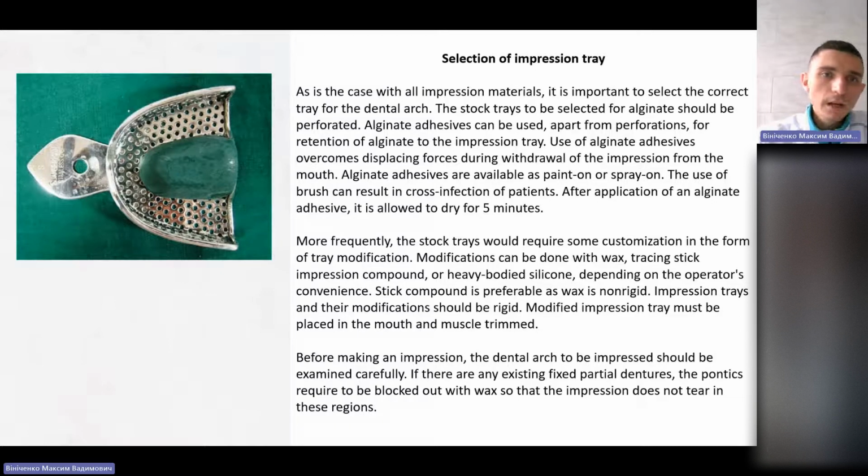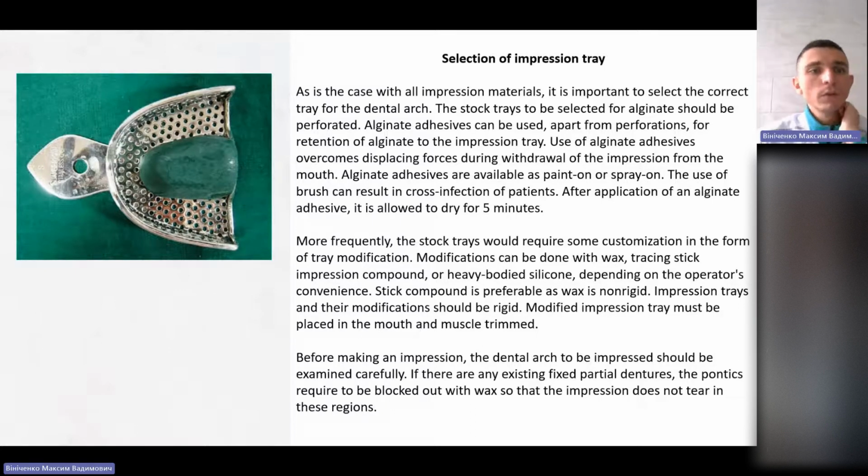Alginate adhesives are available as paint on or spray on. The use of a brush can result in cross-infection of patients. After application of alginate adhesive, it is allowed to dry for 5 minutes. More frequently, the stock trays would require some customization, as you could see on this patient, in the form of tray modification.